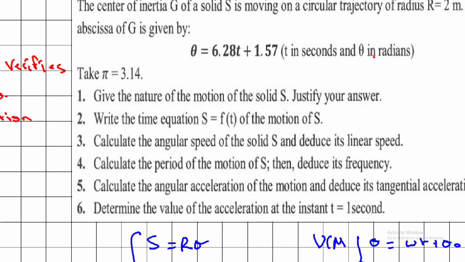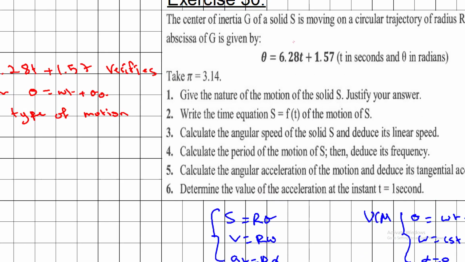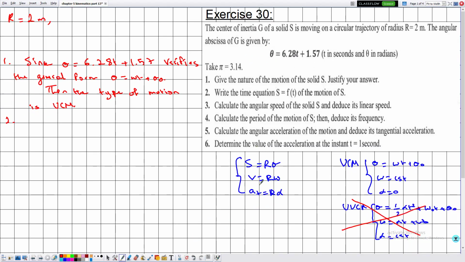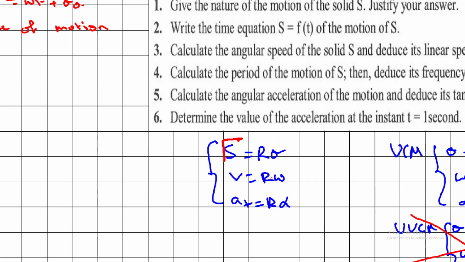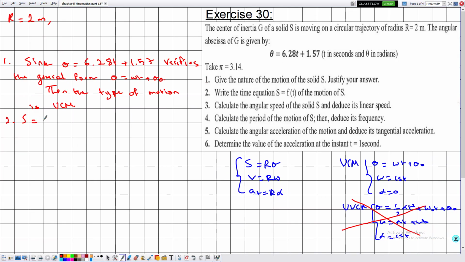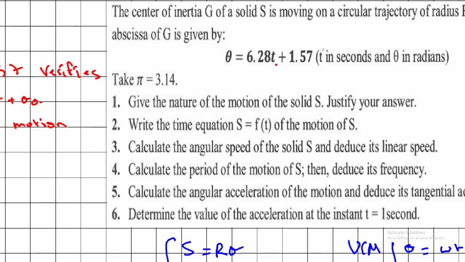Now in number 2 they are telling me to write the time equation S equal to f of t of the motion of S. Notice that we have theta and we are interested in determining S. S is given by r multiplied by theta. The value of r is 2, and the value of theta as a function of time is given by this.